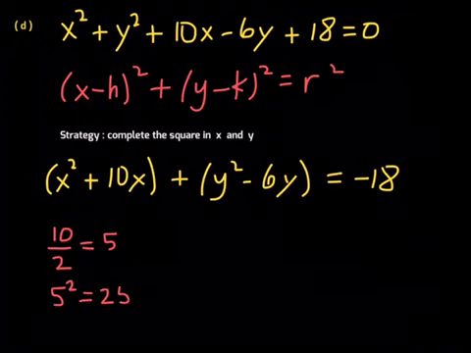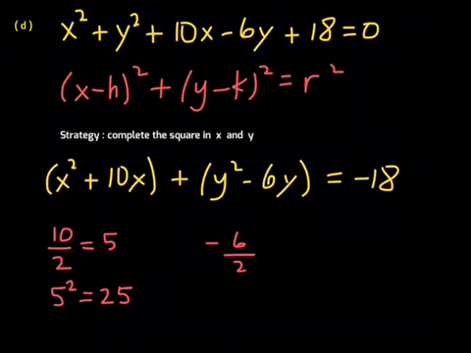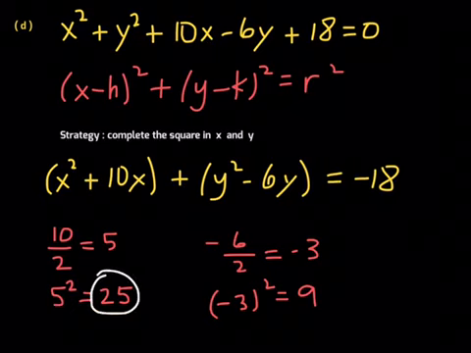I hope you remember doing this when we were studying parabolas. Same thing over here. Take -6 divided by 2, which is -3. Take -3 and square it. These two numbers, 25 and 9, are the two numbers you're going to add inside of these groupings.